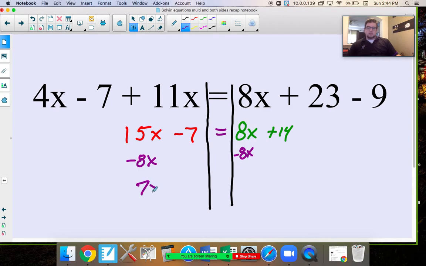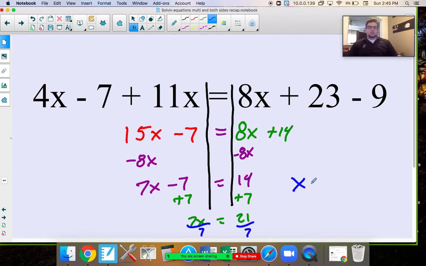That gives me 7x minus 7 is equal to 14. I add 7. I get 7x equals 21. Divide by 7, and x is 3. So again, I made everything simpler, then moved x, and then I solved the equation that I had.